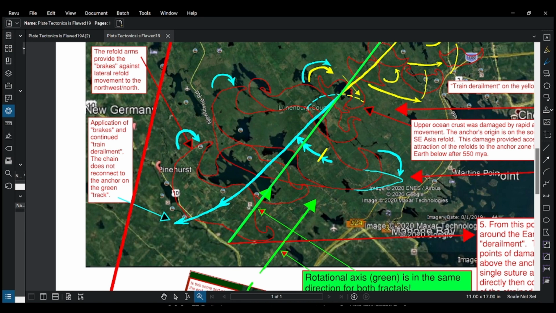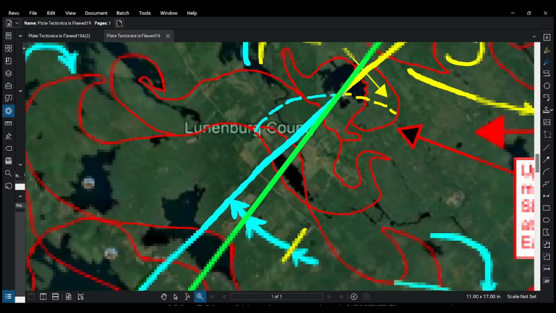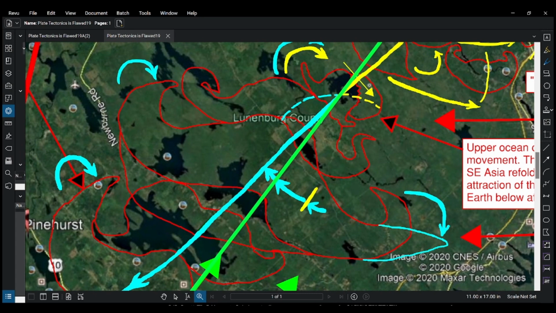Because there's no bonding now to the equatorial spin axis, the only place that it's bonded is at that suture attachment over here. And remember, the arm to the suture, the only one arm at this point, is now free over here off the Southeast Asia refold. That's the Southeast Asia refold.